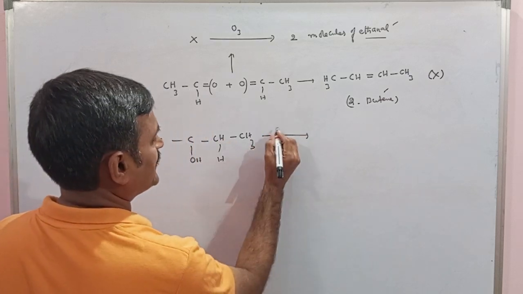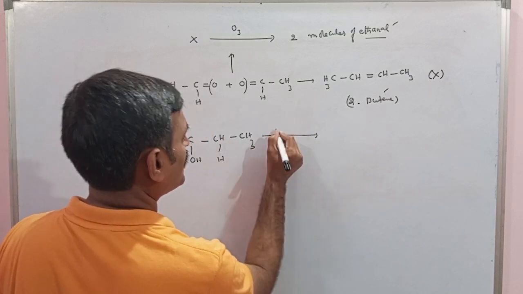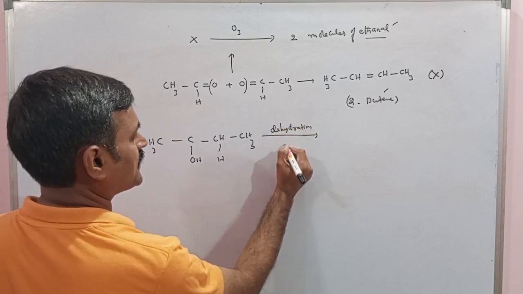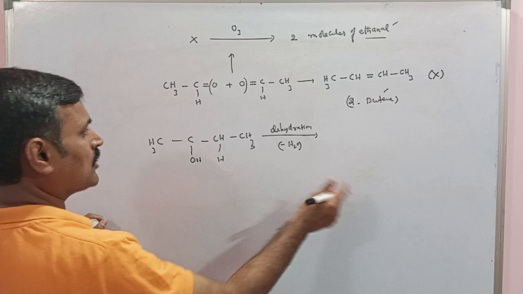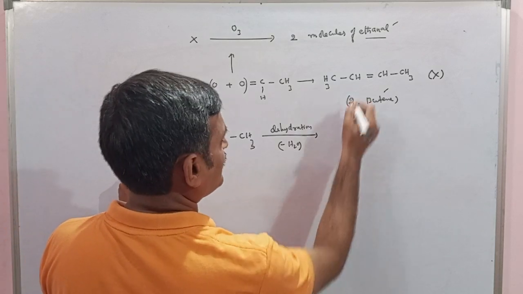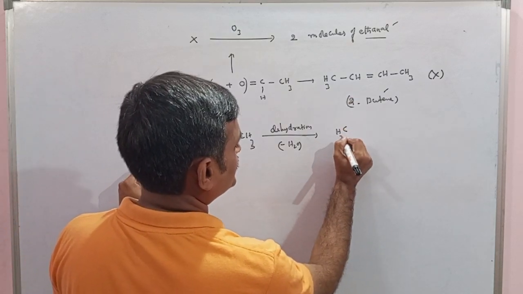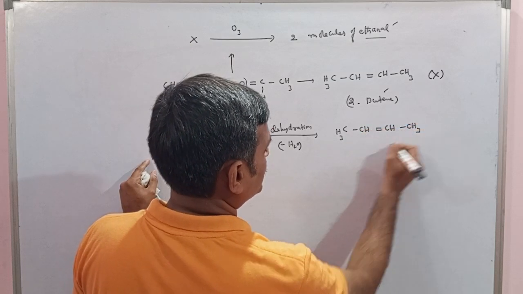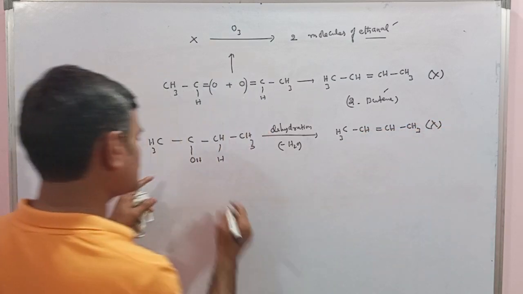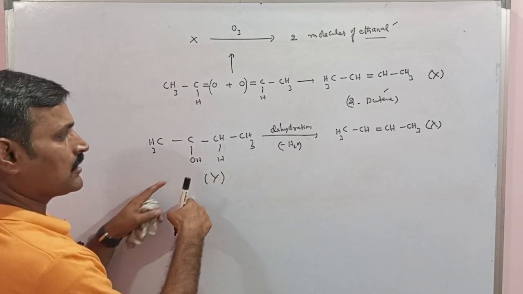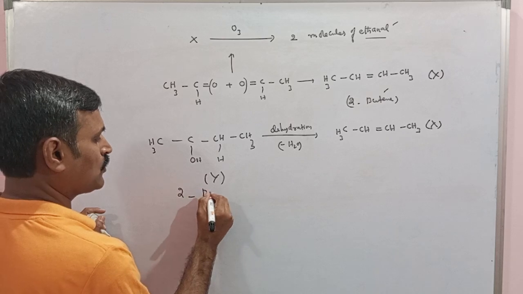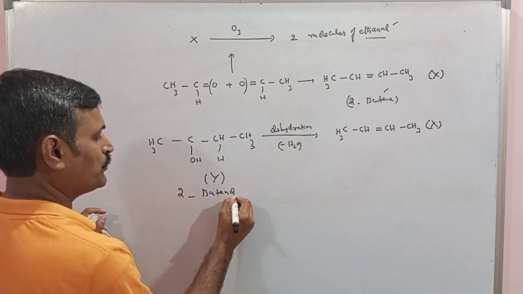Definitely upon dehydration, that phenomenon is called dehydration, it gives this alkene, again X, that is CH3-CH=CH-CH3. That means Y is an alcohol, nothing but 2-butanol.